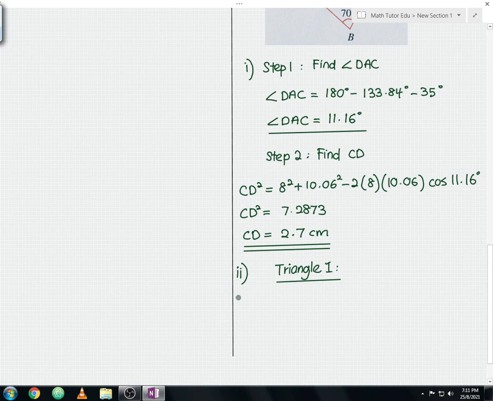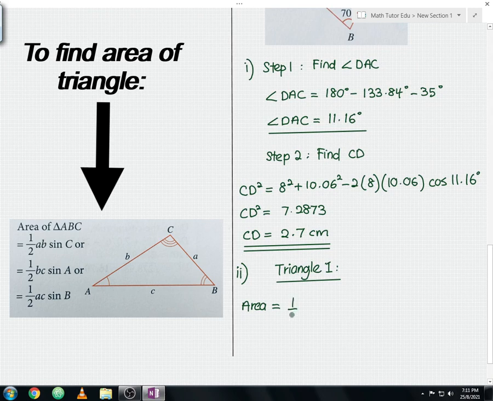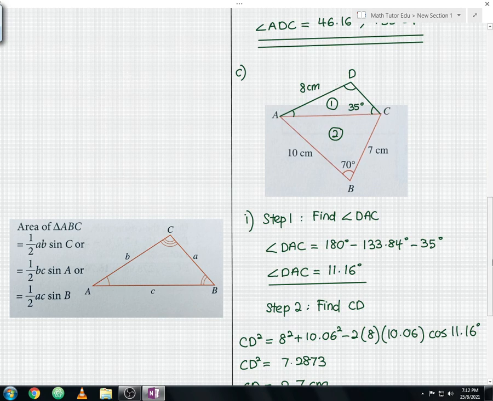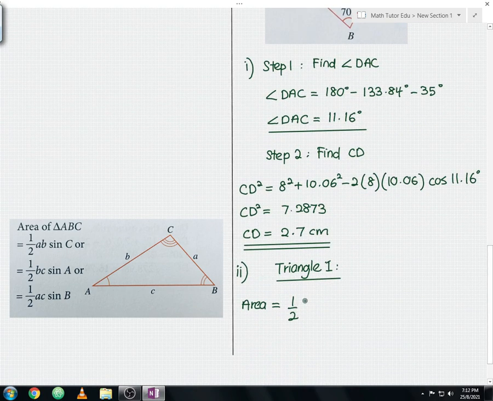Okay, so to find the area will be equals to half. Okay, you can use any length or any angle. Okay, in this case I'm going to use the length AD and length AC and angle DAC over here. So from here, half times with 8 centimeter, okay, and then times with 10.06, okay, and then times with sine 11.16 degree.